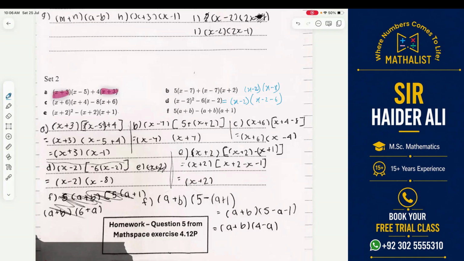Similarly now, like this part, x plus 2 common. Inside I have x plus 2 minus x plus 1. Okay. So x plus 2 common, x plus 2 minus x minus 1. And this time x cancels. 2 minus 1 is 1, so x plus 2.